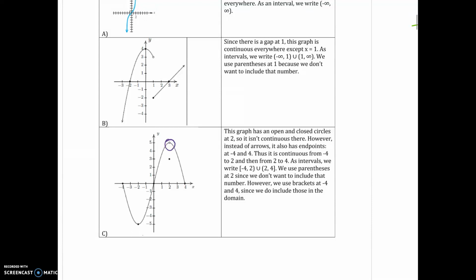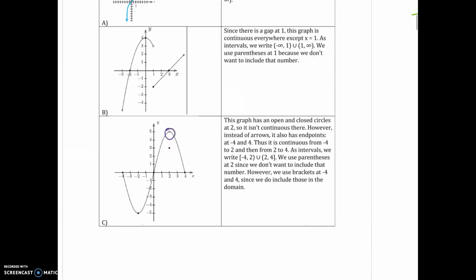Therefore, you can say that from negative 4 to 2, you have a continuous function, and you have to use a parenthesis to show that at 2 you are presenting a discontinuity. 2 is not a solution, so it has to be with a parenthesis.